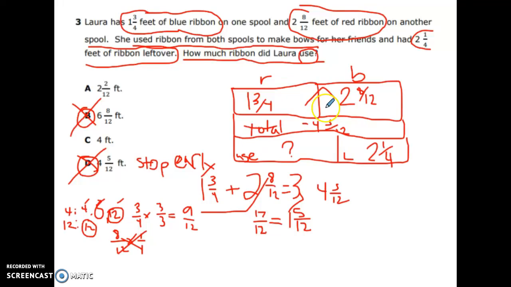So now that I know that 4 and 5 twelfths is my total amount of ribbon, I can take away my leftovers, but I have to turn it into an equivalent fraction. So again, I go back. You've already found a common denominator with fourths and twelfths. Ooh, I almost got myself confused. I almost thought that I was supposed to turn 8.